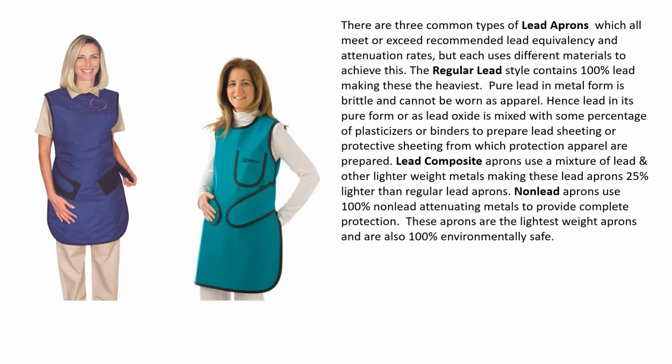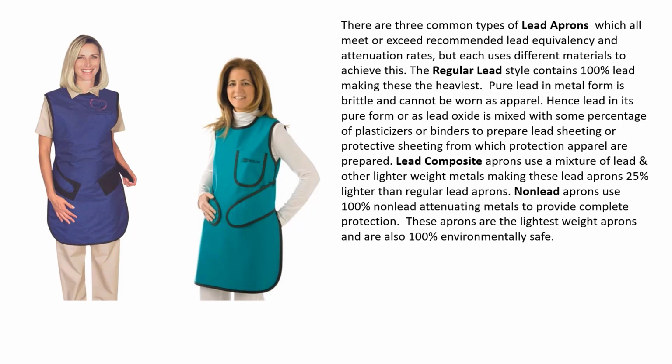We have leaded and non-leaded. In fact, there are basically 3 common types of lead aprons. There is the full lead apron, which is made of lead and is the heaviest. There is a lead composite, which again uses lead mixed with other lighter materials.